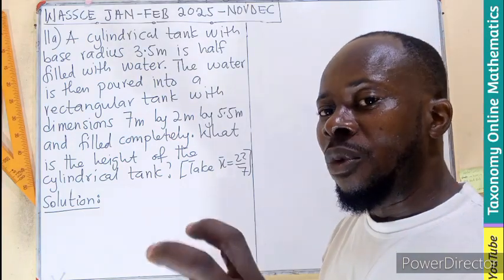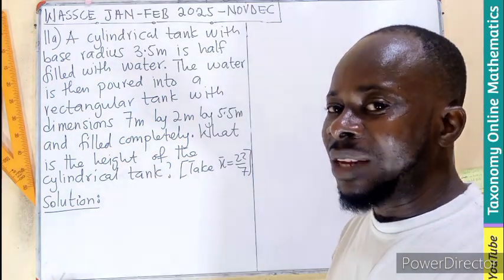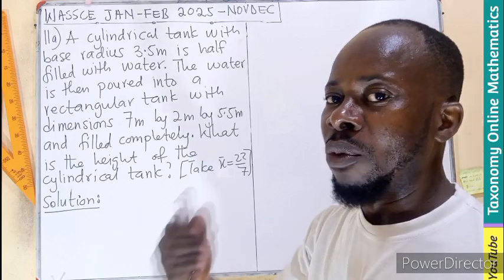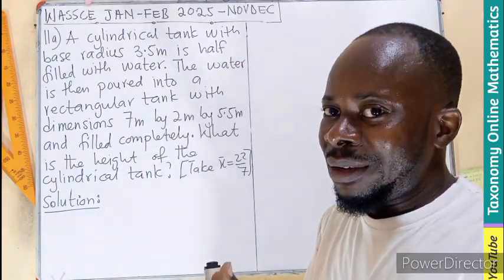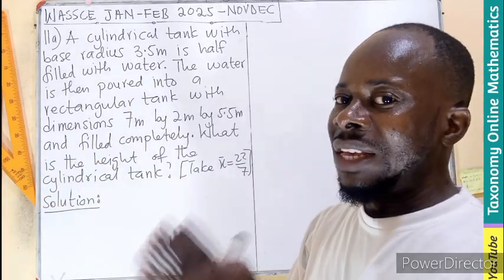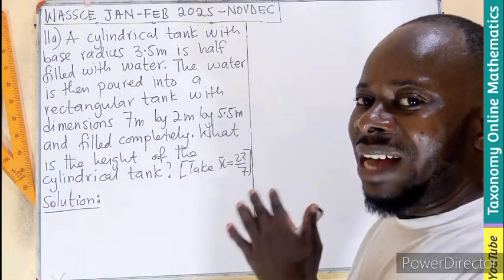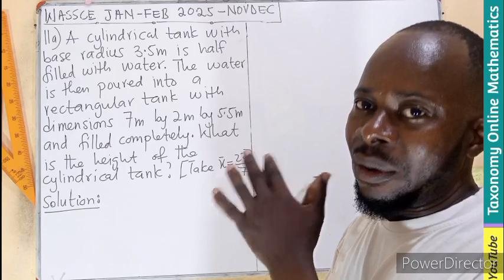Remember, the volume of water in the cylindrical tank is half the capacity of the cylindrical tank. So half of that is going to be the same as the volume in the rectangular tank.